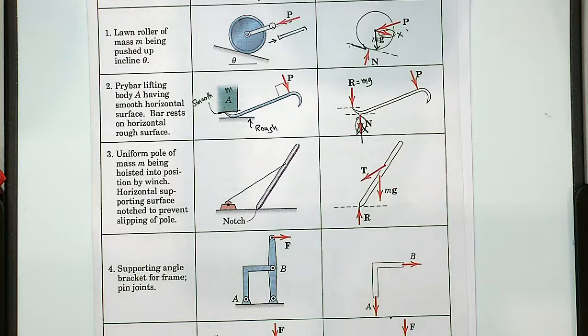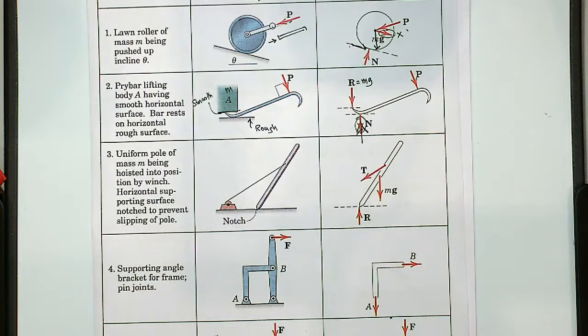Wait, sir, shouldn't there be a reaction force at P due to the load? No, you are putting that load at that point. So N is the reaction force which counteracts both R and P? N is the reaction force from the ground to the bar.